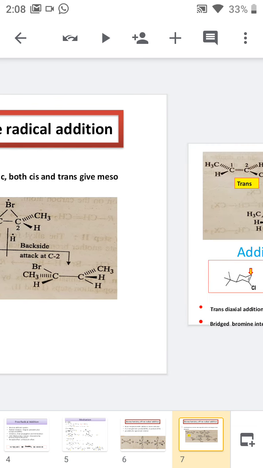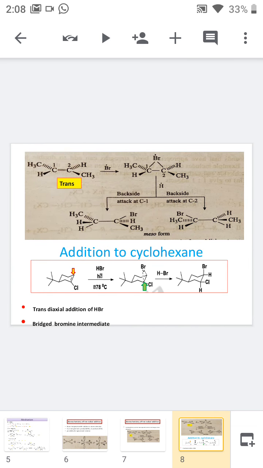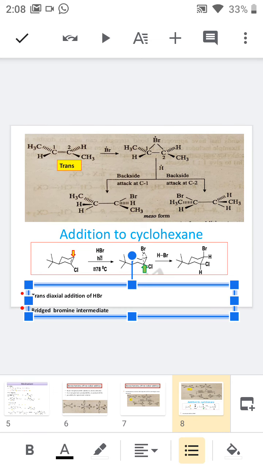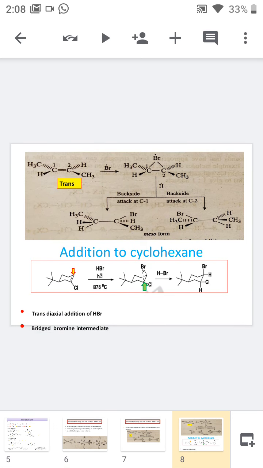And if you are doing the same experiment on the trans variety, see the top of the slide, we can see that a trans compound also adds a bromine radical to form a brominated cyclic radical. And if you are adding the hydrogen radical to the cyclic compound, we will get two products, but both of them are the same.